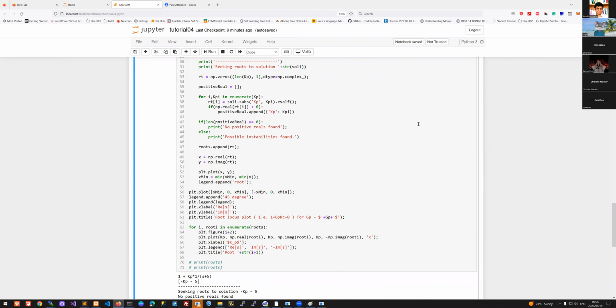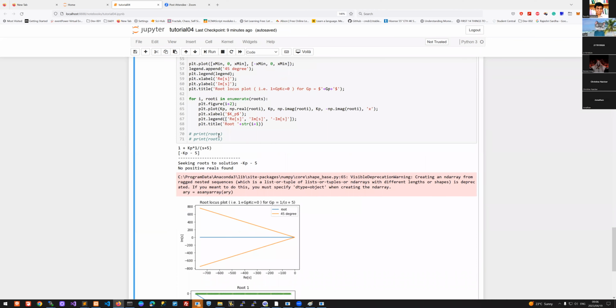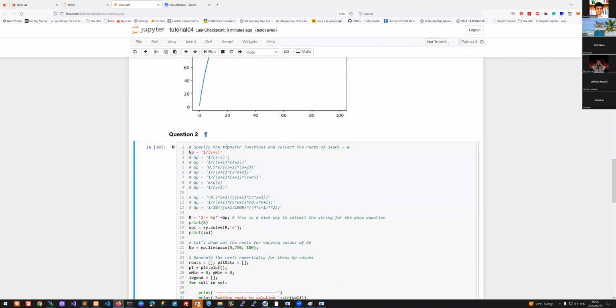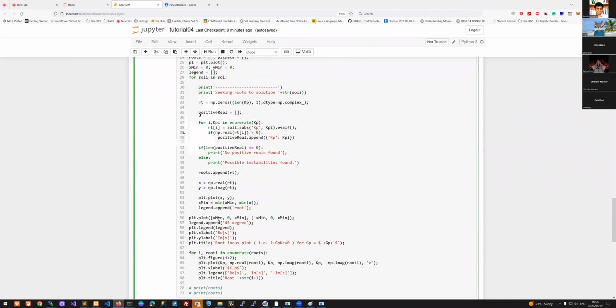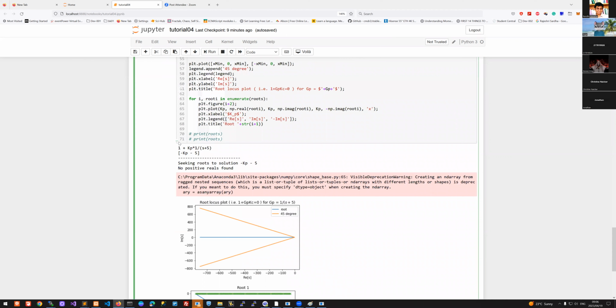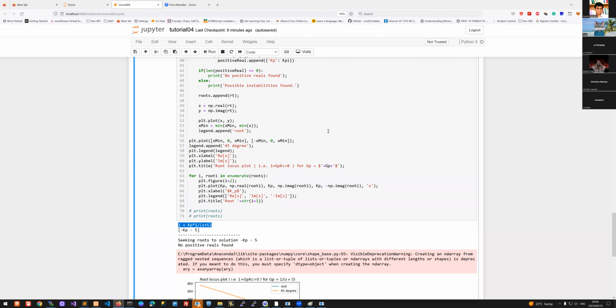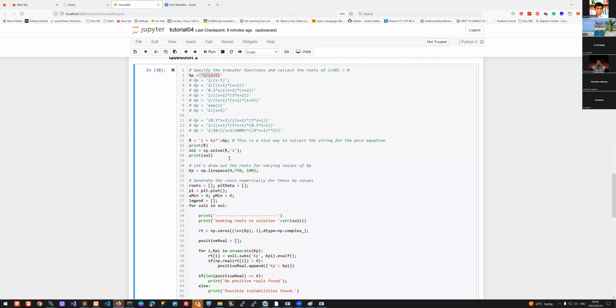Okay, so here, if you look at it, here's the function we chose, 1 over s plus 5. We've created this string 1 plus kp times 1 over s plus 5. So you can see that here. So that's defined the equation for which we want the zeros. And then we are using the symbolic solver to find all the solutions to this. And it's printing the solution.